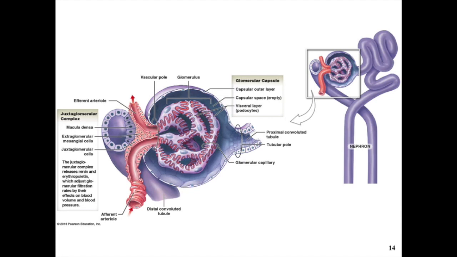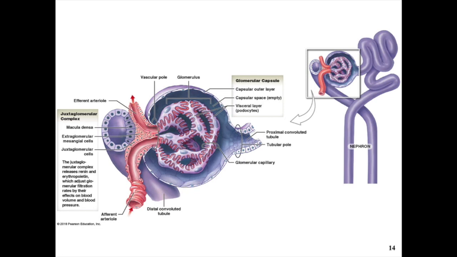The podocytes will be another layer added on the capillaries. So this would mean that if I'm a substance inside of the capillary, not only do I have to cross the endothelium, but I also have to cross the visceral layer of the glomerular capsule.